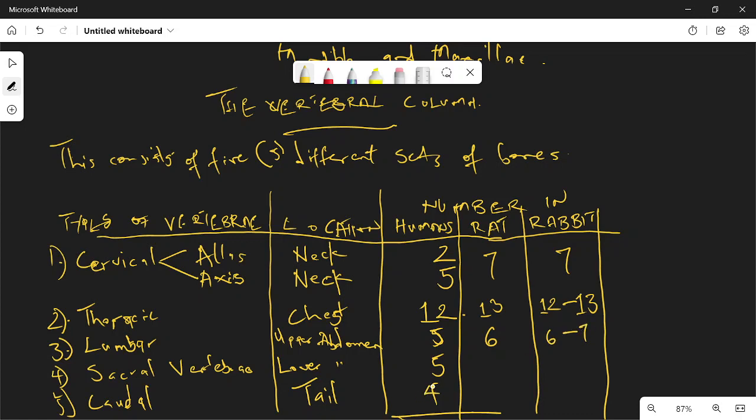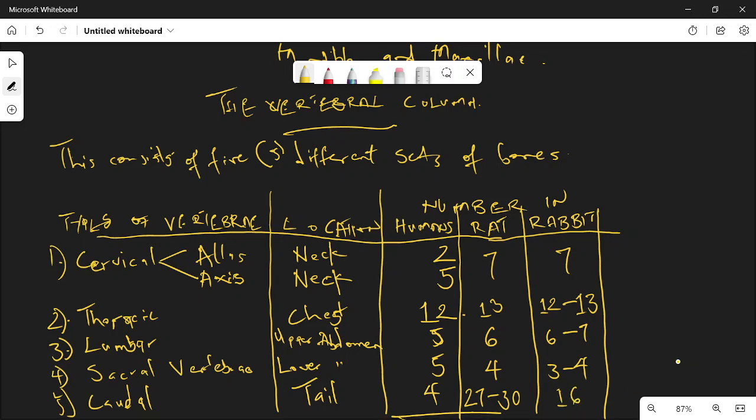For the sacral in the rat, we have it to be 4. And in the rabbit, it is between 3 to 4. And then the tailbone in the rat is between 27 to 30. And in the rabbit, it is 16.